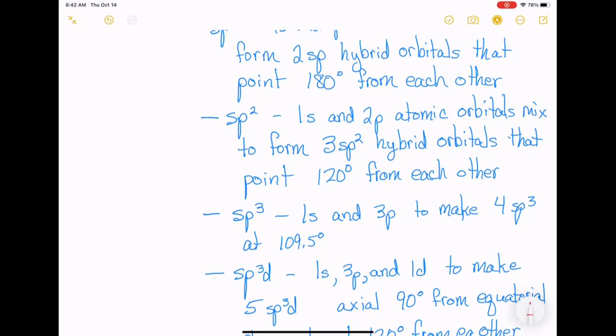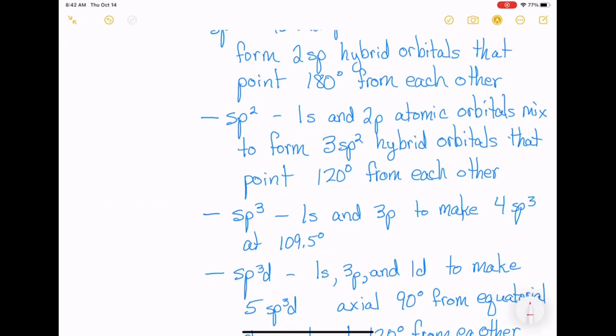Axial electrons, when you think of axis and equatorial, it's basically the same thing as thinking of the planet Earth. You have the axis, north-south pole, and you have the equator, and those are the things that are around the middle. Well, the same thing occurs when you talk about trigonal bipyramidal molecules.